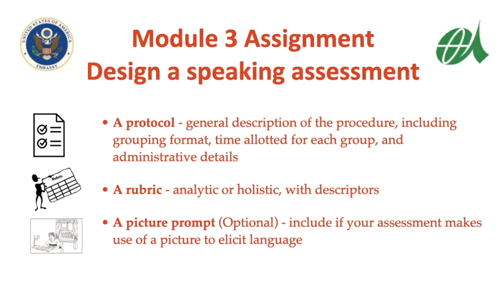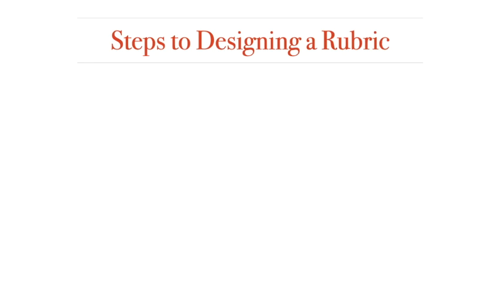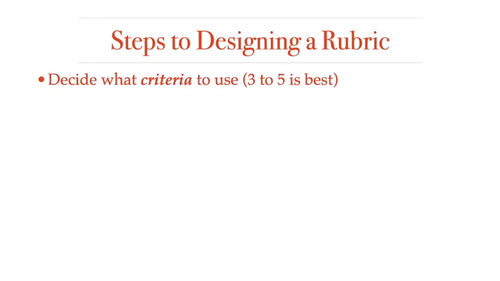Let's quickly review the steps in designing a rubric. To design a good rubric, the teacher must, first, decide what criteria to use: grammar, pronunciation, content, eye contact, etc. Be focused. 3 to 5 criteria is about right.